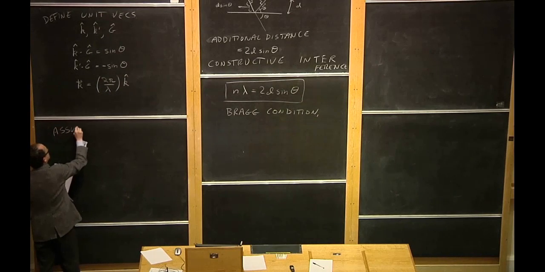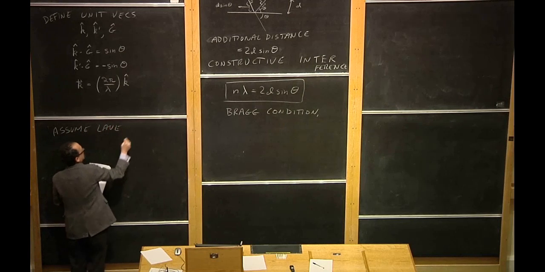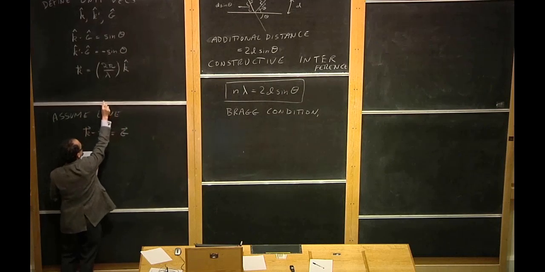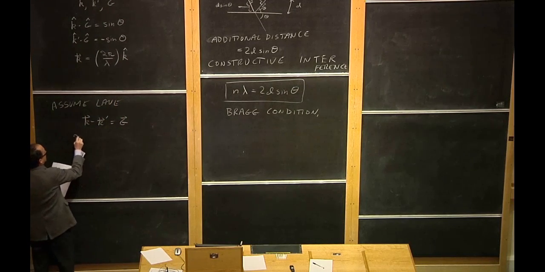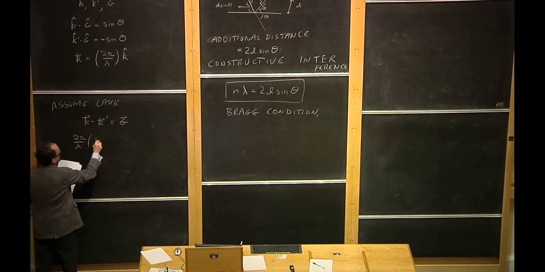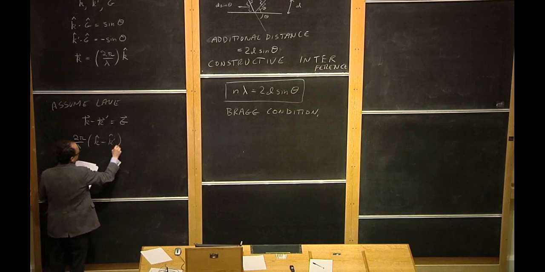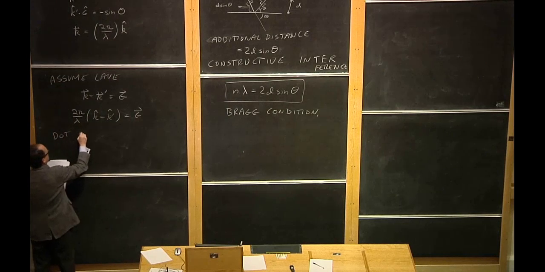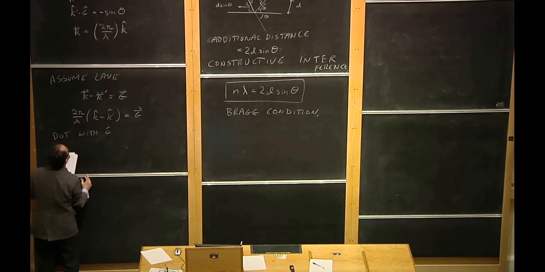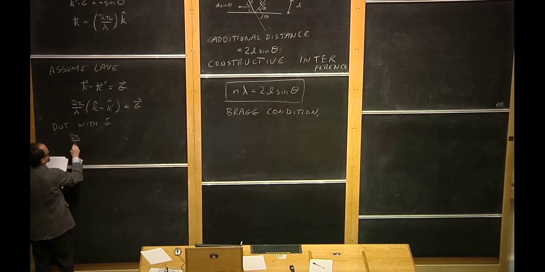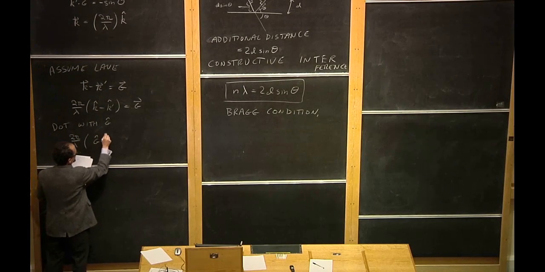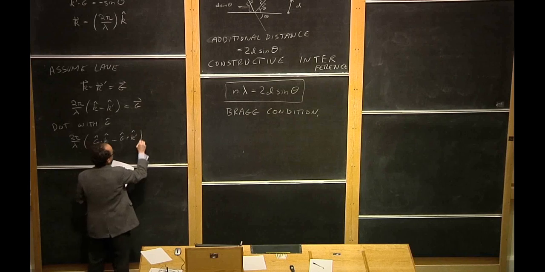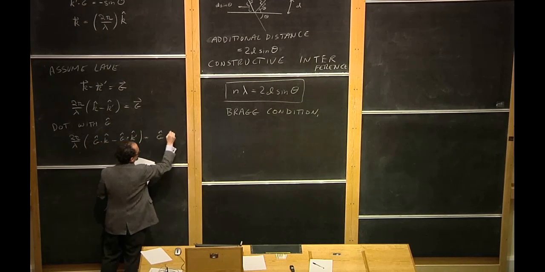So we're going to assume the Laue condition. So assume Laue. That is k minus k prime equals G. So assume that's satisfied. And I can rewrite that then as 2 pi over lambda times k hat minus k prime hat equals G. Then dot with G hat to get 2 pi over lambda times G hat dot k hat minus G hat dot k prime hat equals G hat dot G vector.